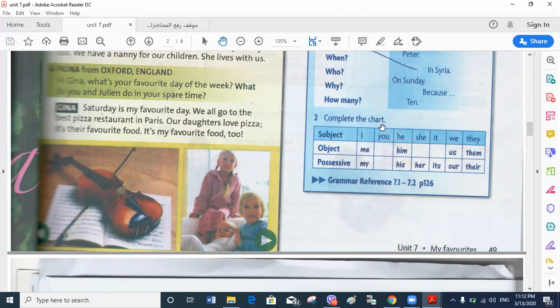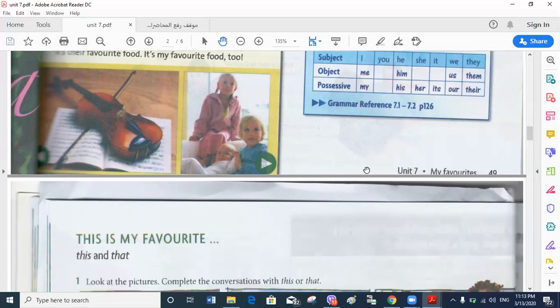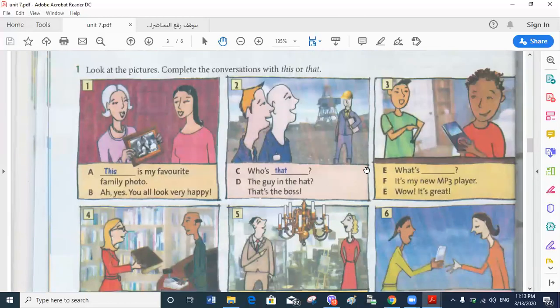What about you? So you use also you as an object pronoun, but use a possessive adjective your. What about it? Completed, and you can use it in the answer of your questions in this unit.